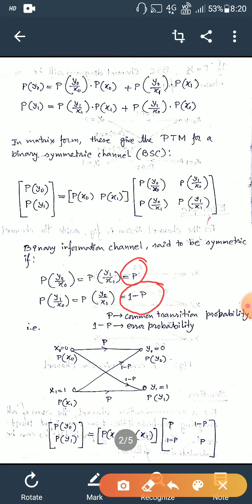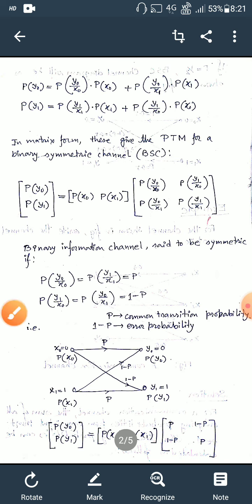Basically, 1 minus p is defined as the error probability, and p is defined as the common transition probability for the binary information channel.